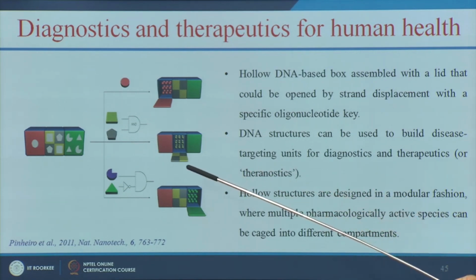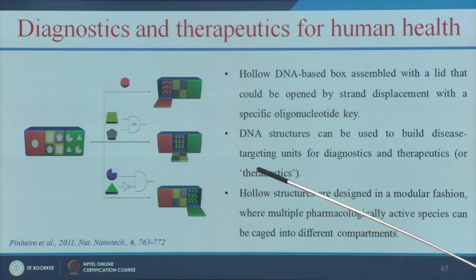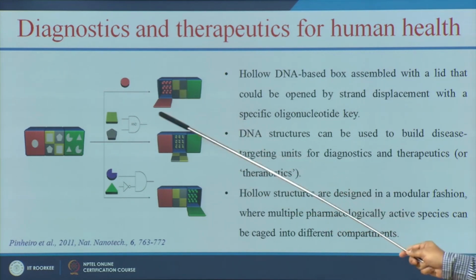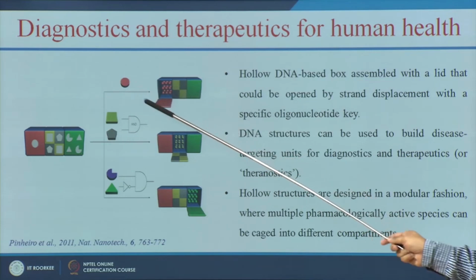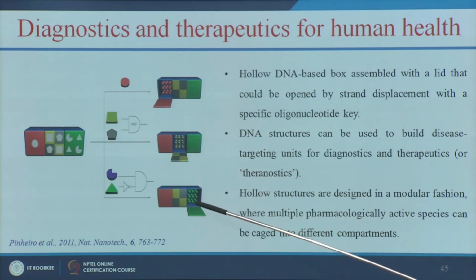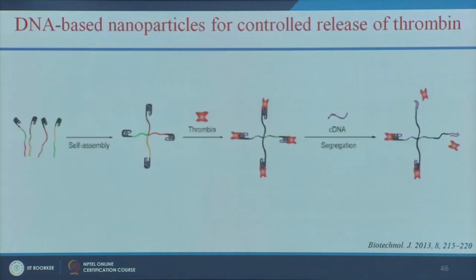As I told you earlier, in case of early stage of cancer, if you want to release only this kind of drug, only this box can be opened, and for the person who has advanced stage of cancer, if you want 2 different kinds of drugs, which can have a very good therapeutic effect in cancer which is resistant to the drugs, okay.